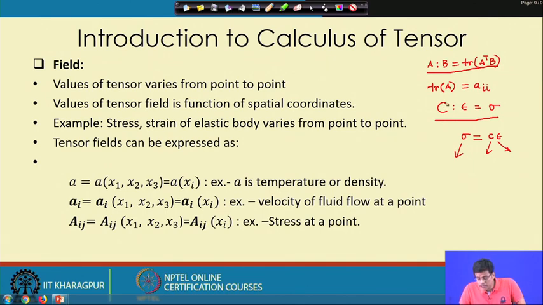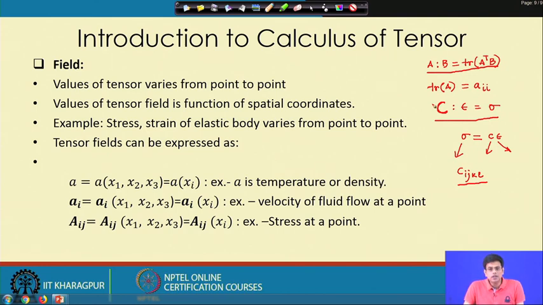This fourth order tensor has four indices. For instance, if I write it in component form, it has to be C_ijkl. We will discuss this when we discuss material behavior. This is the elasticity tensor, sometimes known as the Hookean tensor.